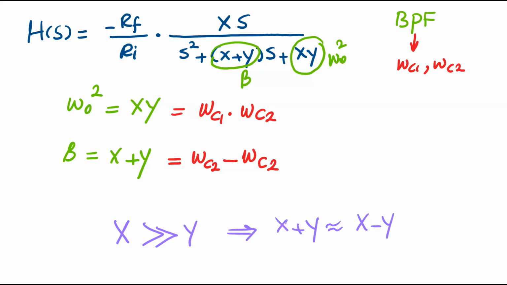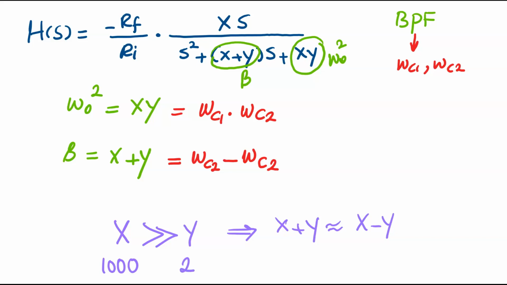Why can I make this assumption? Because I'm thinking about y being much smaller than x. So realistically, x plus y or minus y is not going to be different. Let's assume that I'm choosing my x to be 1000, so the cutoff frequency of my low pass filter is 1000. And I'm choosing my y to be, for example, just 2.